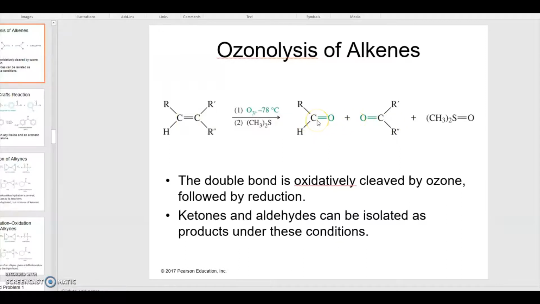The products could be two ketones, two aldehydes, or an aldehyde and a ketone, depending on what kind of groups we have on the carbons in here. If we have one R group, one hydrogen, we will get an aldehyde. If we have two R groups, we get a ketone, okay? And if you have hydrogen here, and hydrogen there, and hydrogen there, hydrogen here, you just get formaldehyde.